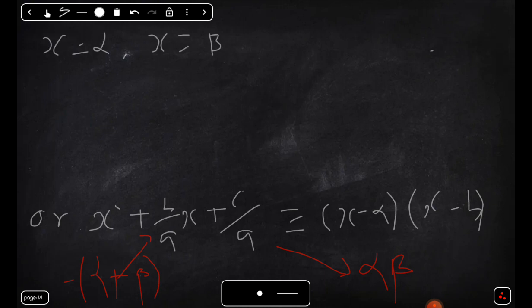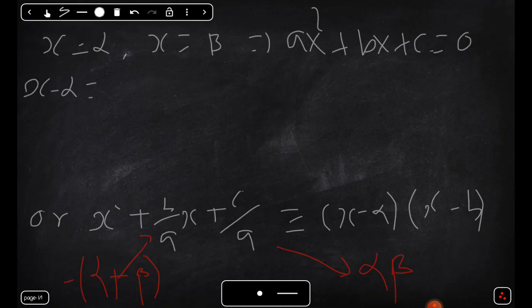Now what we do here, if we say that they are the roots of the quadratic equation ax squared plus bx plus c equals 0, then this is what happens. Since these two are roots, bring alpha over the equality sign to meet x. So we have x minus alpha equal to 0 and next x minus beta equal to 0.